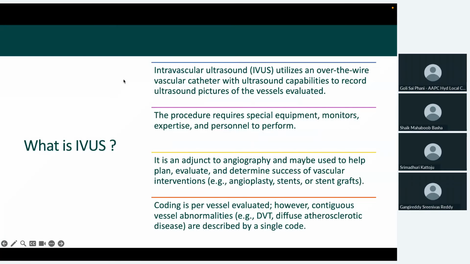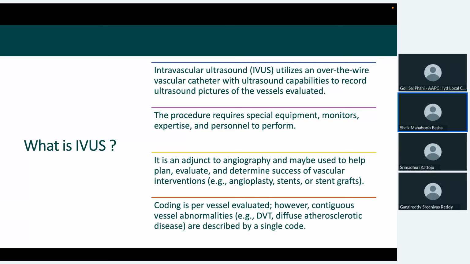Okay, moving to the next slide. Whenever you are coding lower extremity revascularization, you may get another terminology, intravascular ultrasound. What is meant by intravascular ultrasound?